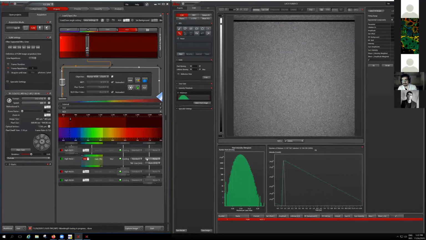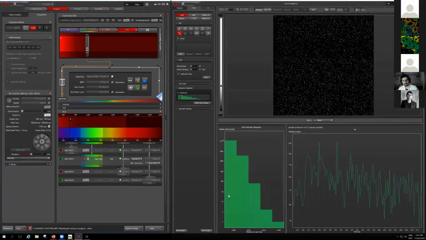The sensitivity of the detector is high, so it's complaining that it's too bright. By the way, I really don't need this high laser power. Where I was with 0.1, I was happy with that.